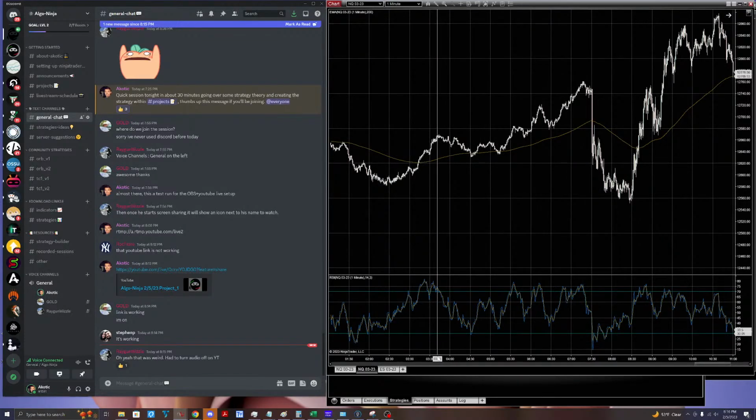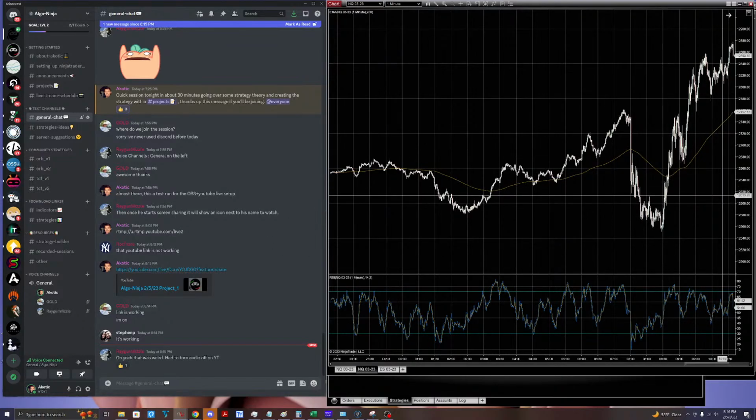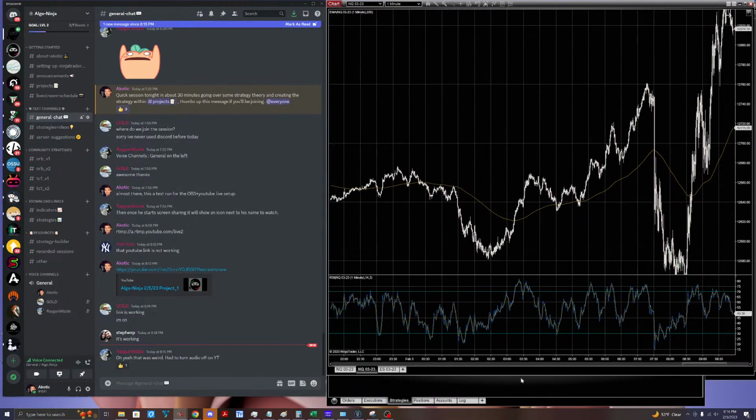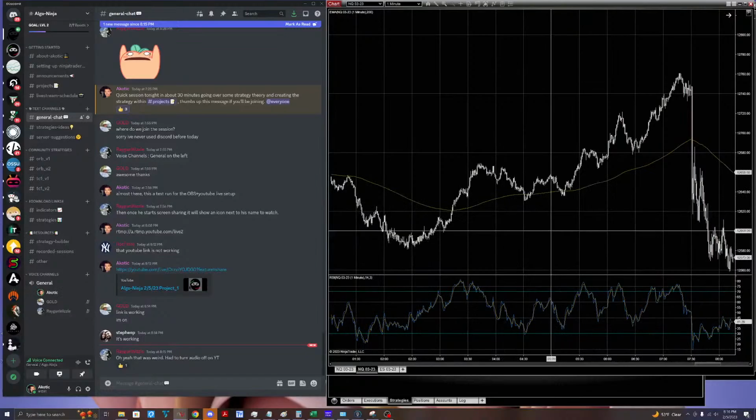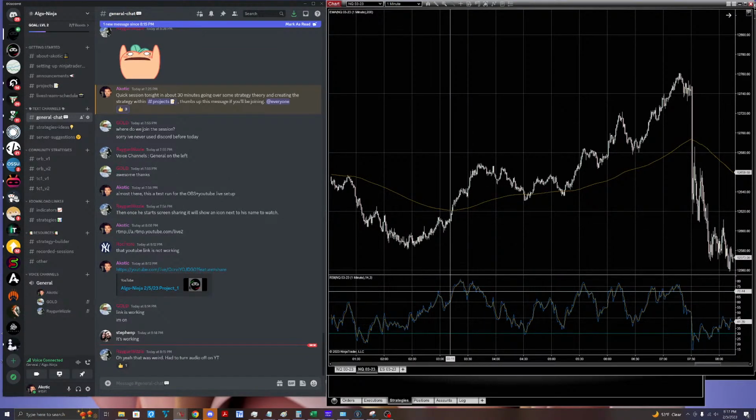So the strategy is really simple. It is a momentum strategy. Price is above the 200 EMA, and then whenever price... these lines on the RSI by default are 70 and 30, but we're actually using the 80 line.